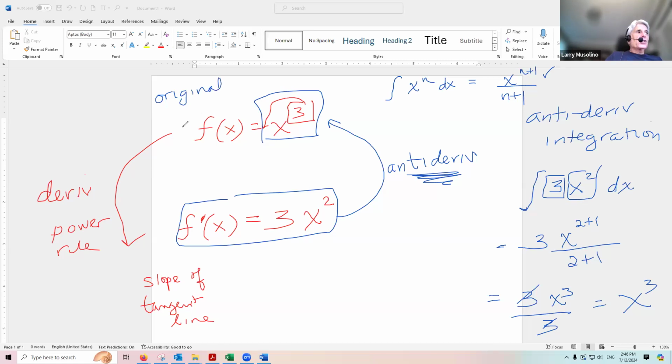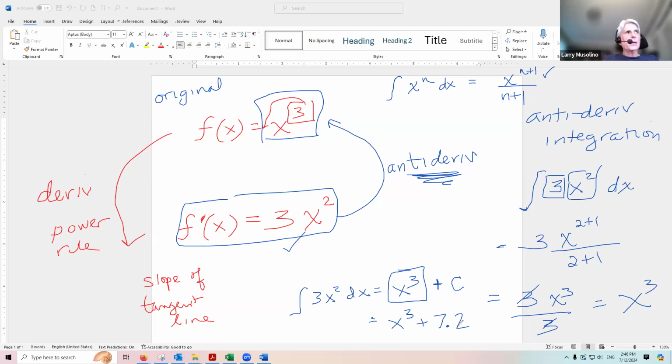Now, one way you can check this is if you come up with an integral answer, we came up with x to the third. If I take the derivative of this answer, I should get back to 3x squared. And of course I do. But when you take an integral like this, you could have an arbitrary constant out here. So I'm going to put a plus c. Because if this worked out to be x to the third plus 7.2, I just made up 7.2 as an example.